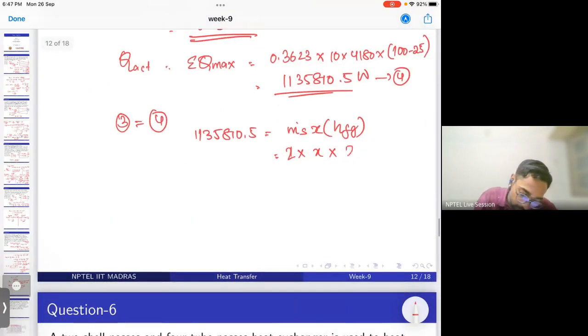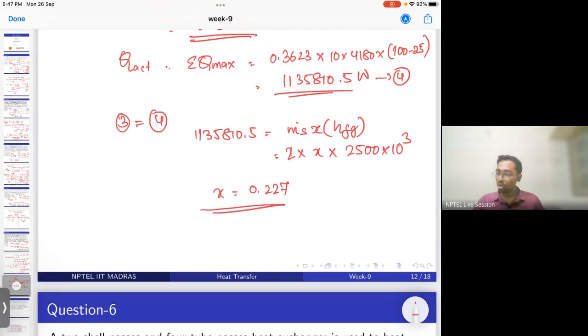So you should be very careful with the units. If we calculate this, the quality exit, we will get the X as 0.227.